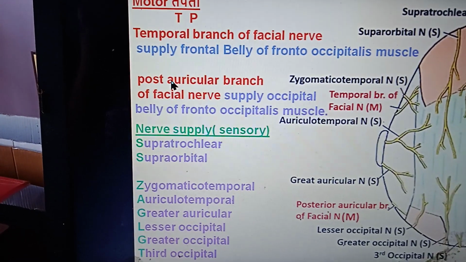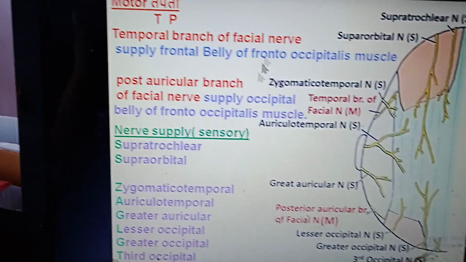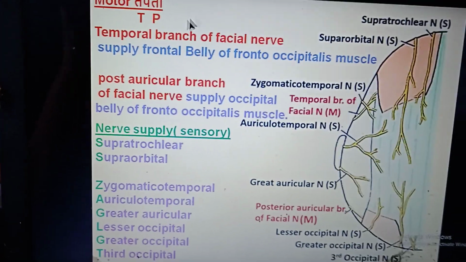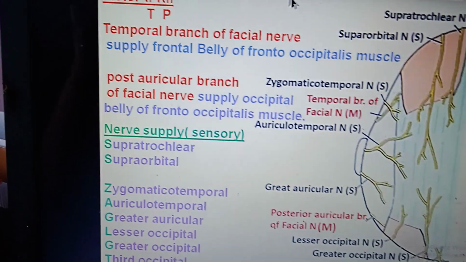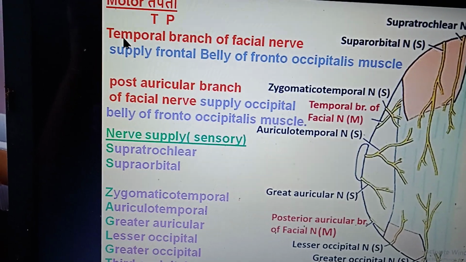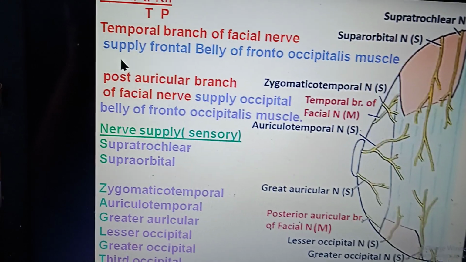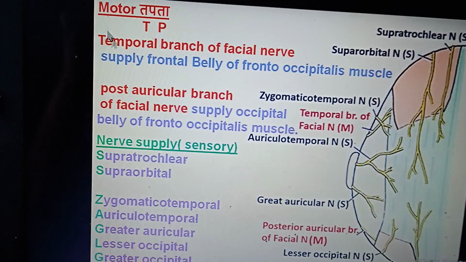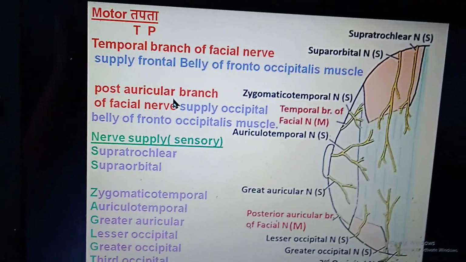Tap, both are branches of the facial nerve, but tap, when someone gets angry, because the buffalo got hurt by this proverb, kala akshar bhais barabar, he got angry. Tapna means becoming angry, so tap hints towards the motor supply, he can hit, so this denotes the motor part. So temporal branch and posterior auricular branch.